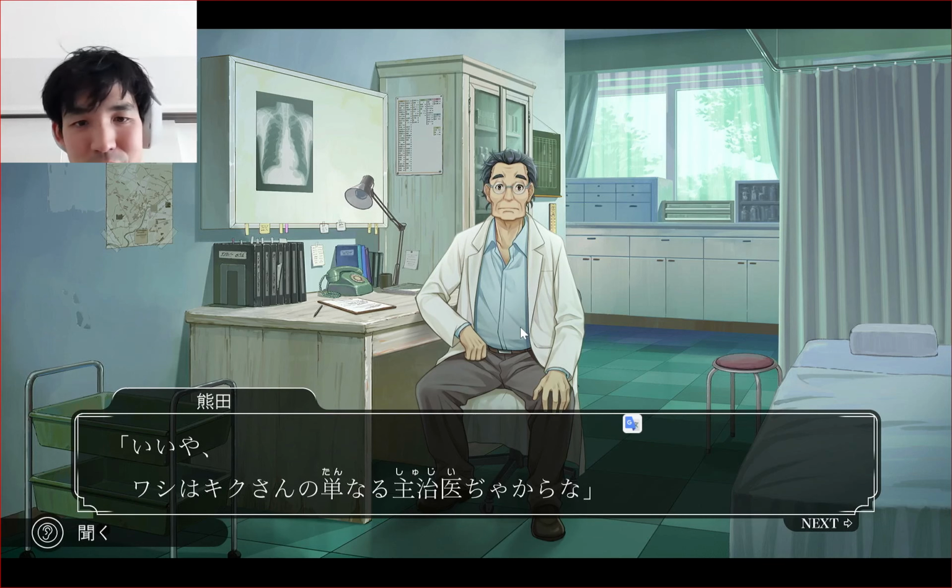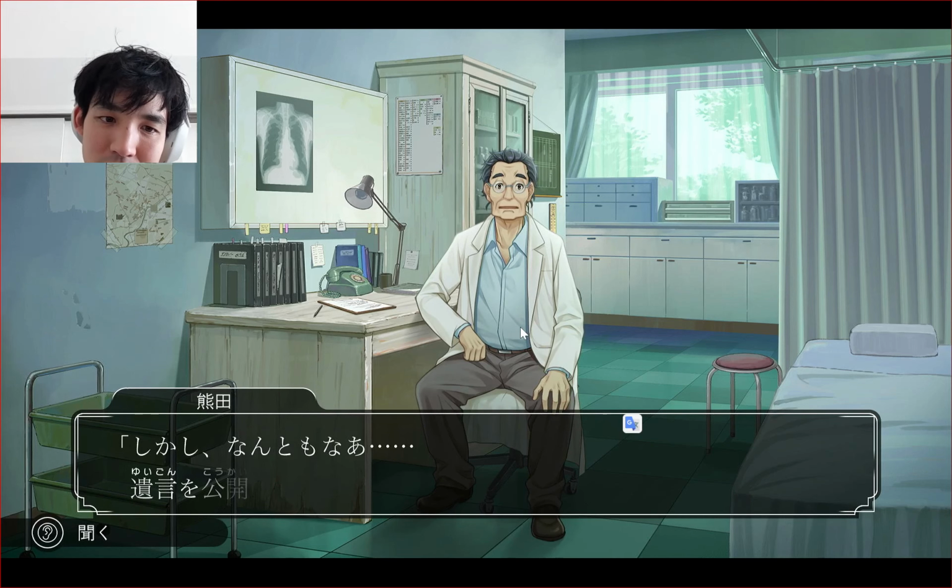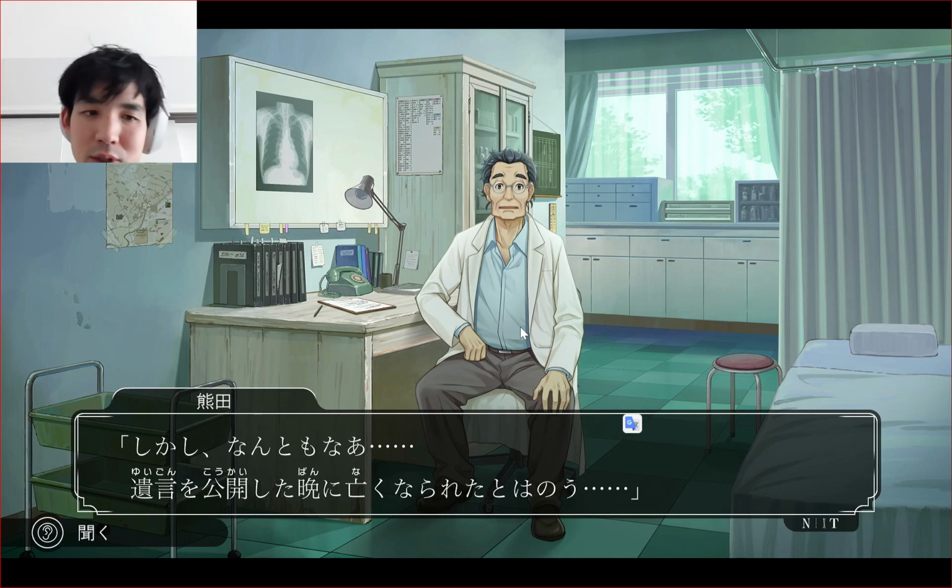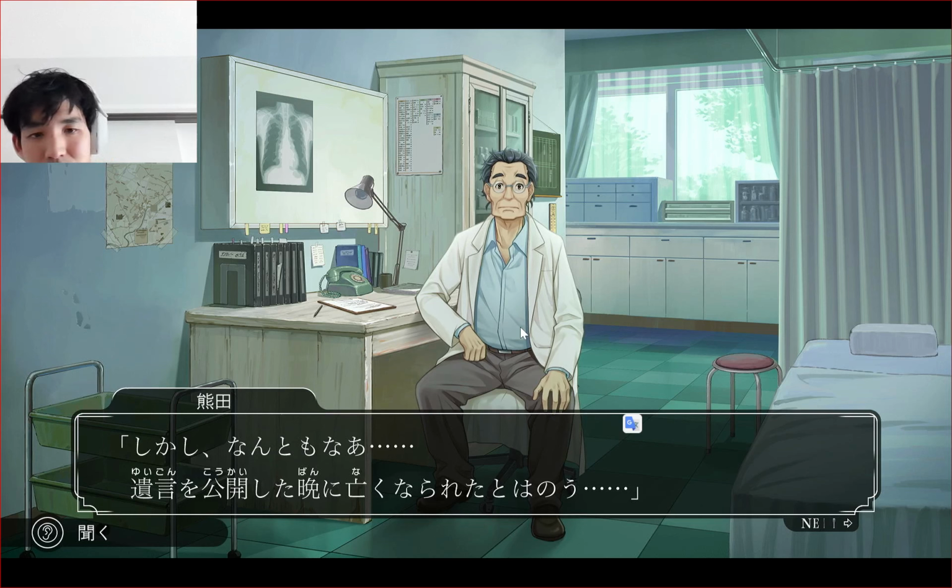So here it's just like I'm just his family doctor. しかし、なんともな。遺言を公開した晩に亡くなられたとはの。遺言, that's the will. を公開, public opening. 公開した晩に, evening. に亡くなられた.